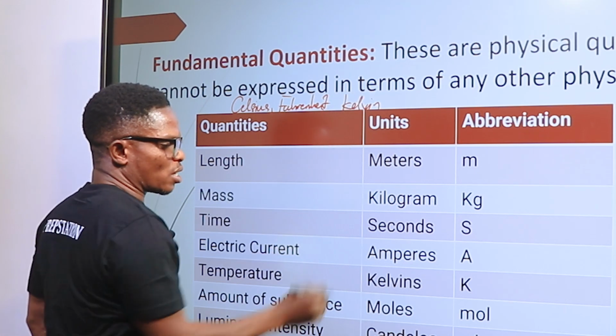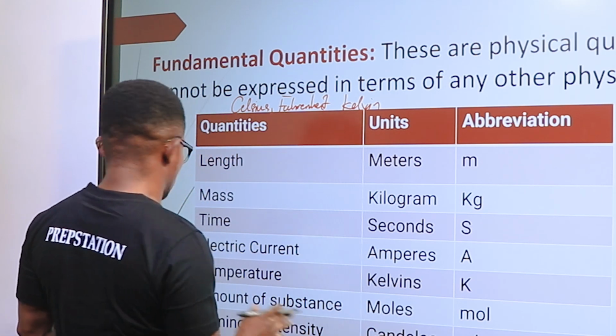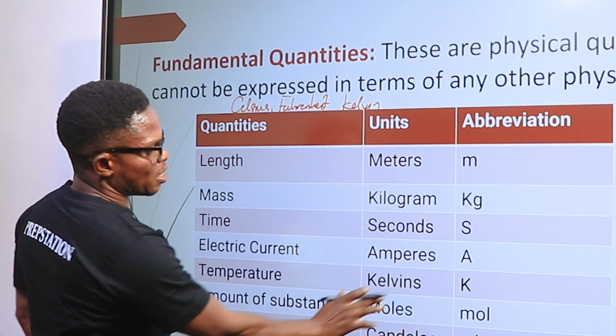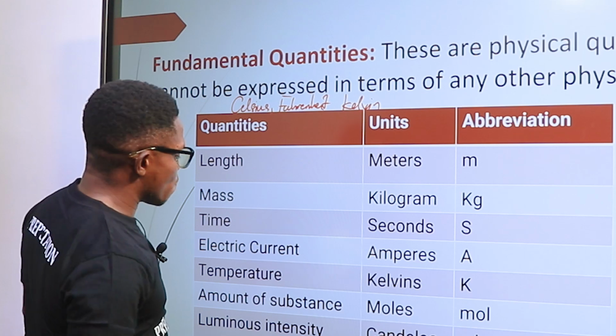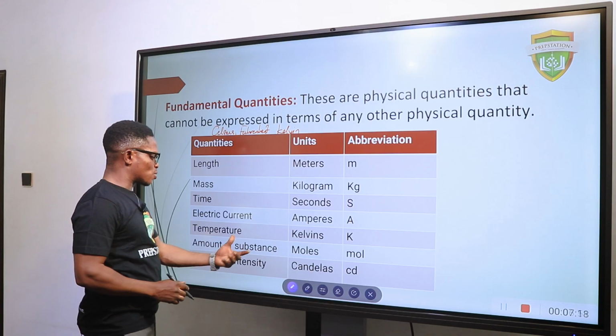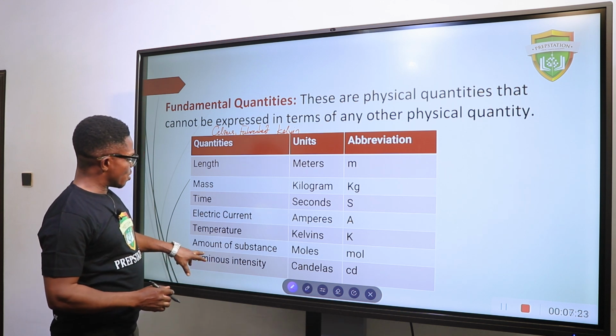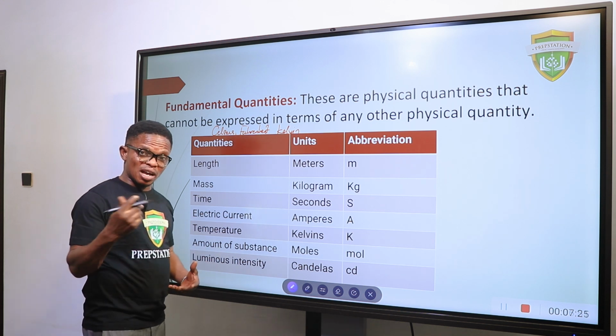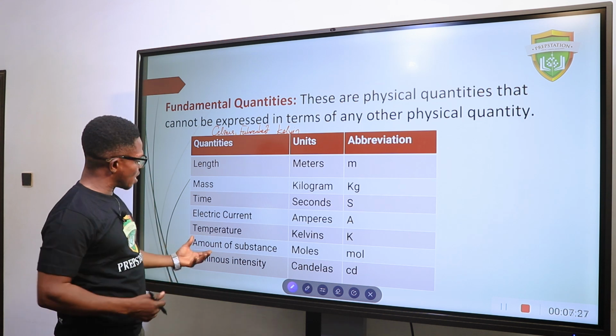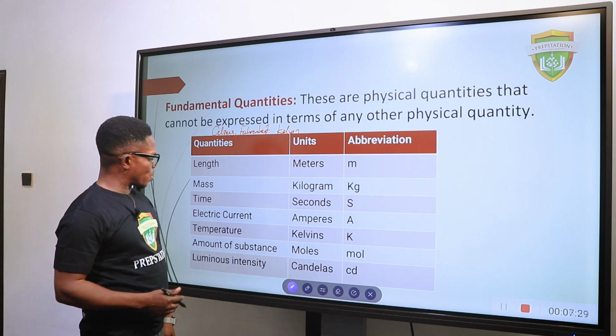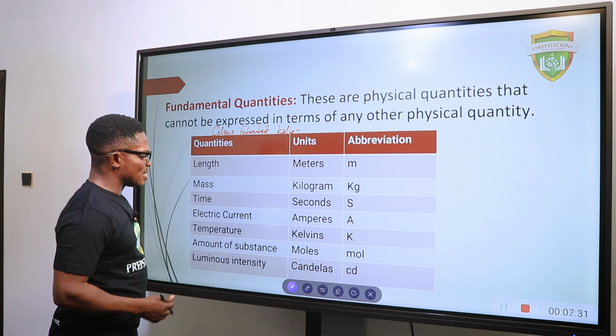Out of these 3, Kelvin is the SI unit, the accepted unit for fundamental quantities. Then we have amount of substance. Of course, you see more of this in chemistry, when you want to determine the concentration of acid, concentration of base, and all of that, then you look at the moles, okay? Then we have the luminous intensity.